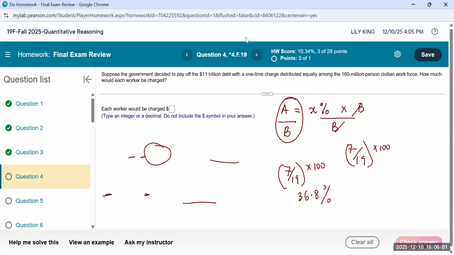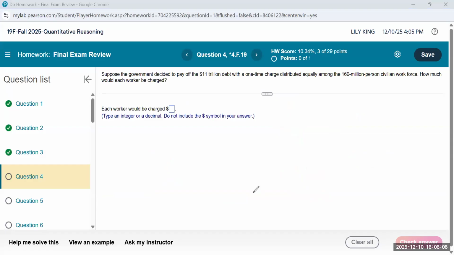Question 4. We need to find how much each worker will be charged. If the debt we have is 11 trillion, and it is going to be distributed equally among 160 million people, to find how much each worker will be charged, you have to divide the debt. Trillion has 12 zeros, and million has 6 zeros.